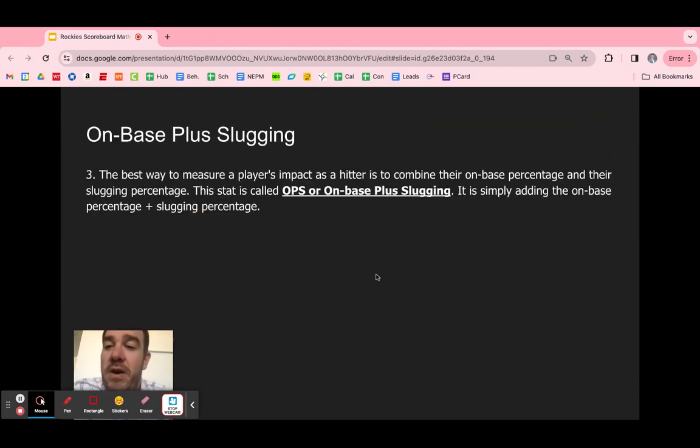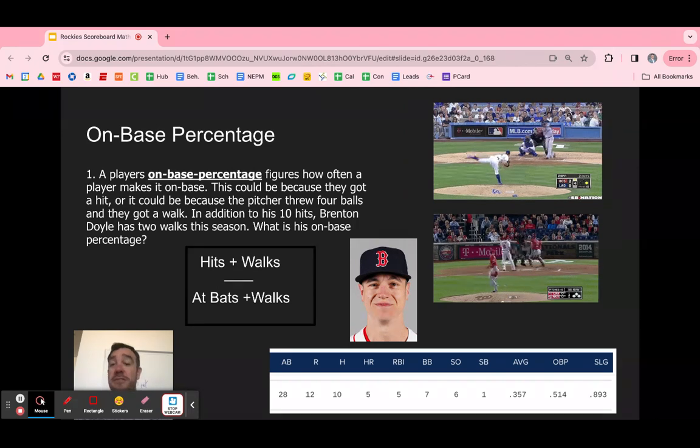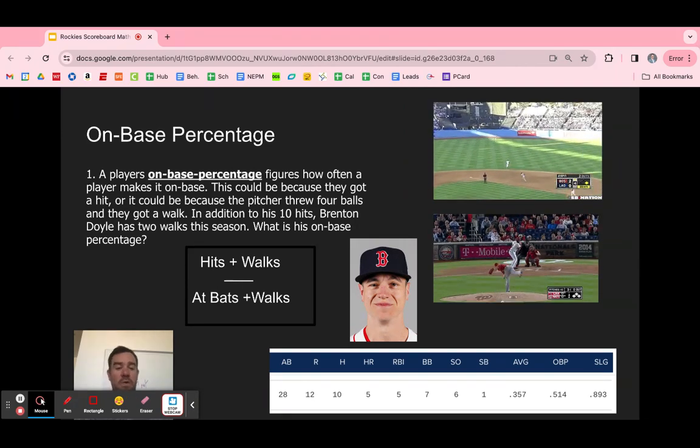The last statistic that we want to talk about, and again, teachers, you could choose to pause and solve question 2 on the sheet, or you can move on to question 3, is on base plus slugging. So we already talked about the on base percentage, a player's ability to get on base either from a hit or a walk.